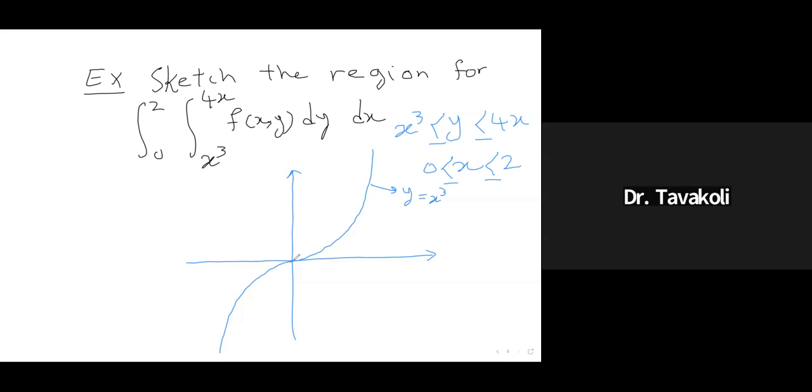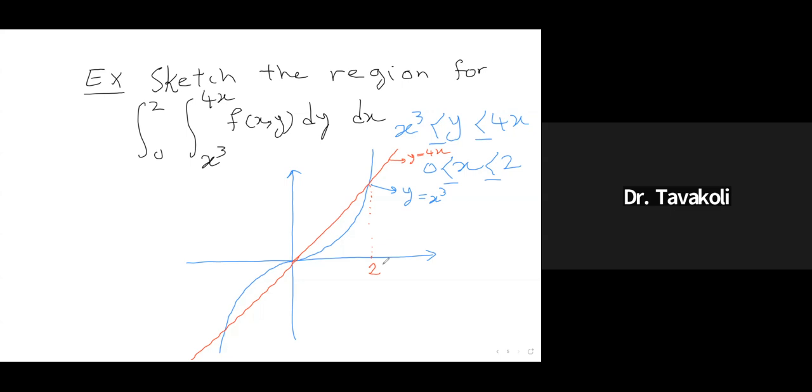Is a line passing through the origin. So this is the line y equals 4x. And x runs from 0 to 2. If you intersect these two functions, 4x and x cubed, by solving an easy equation, you will get that x here is going to be 2.